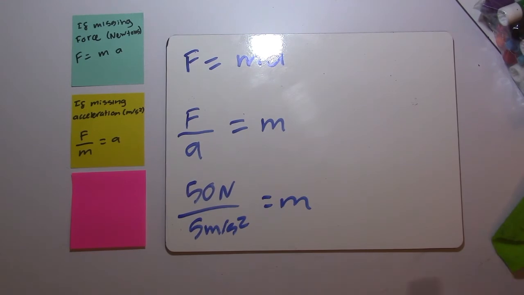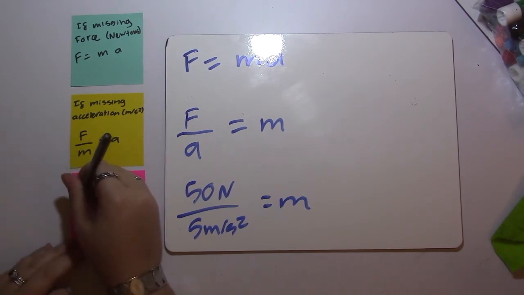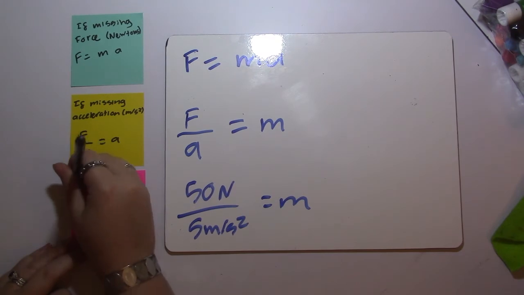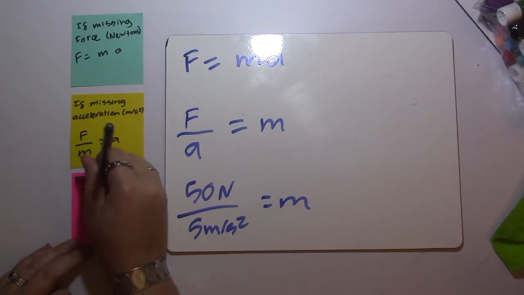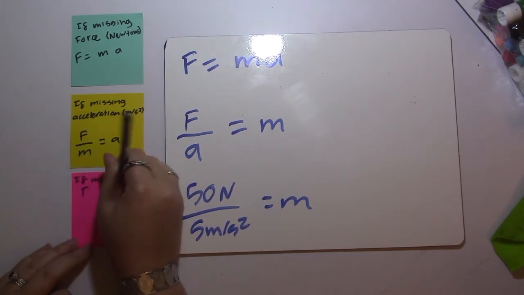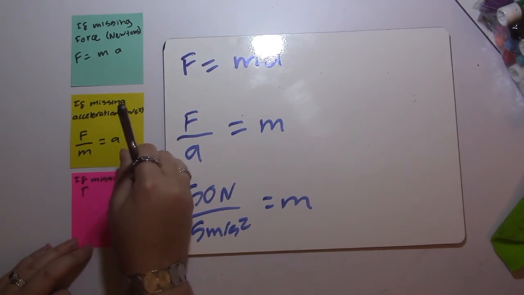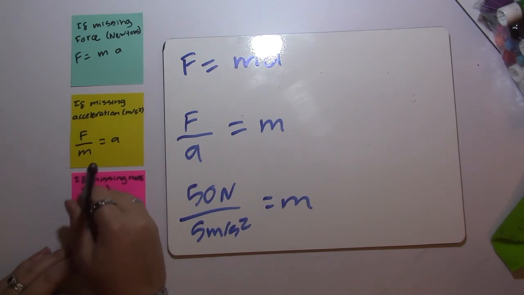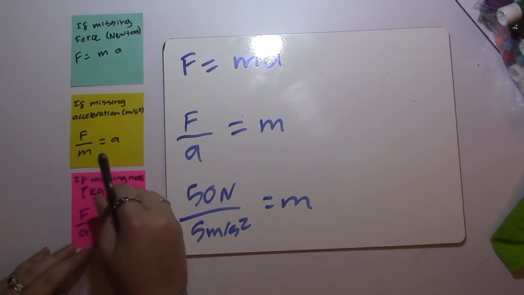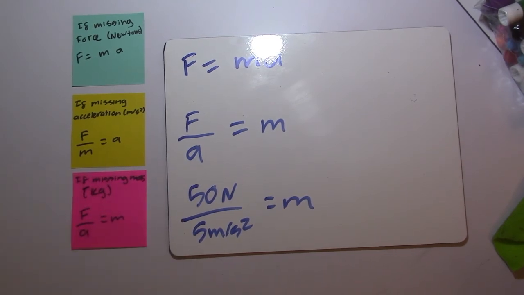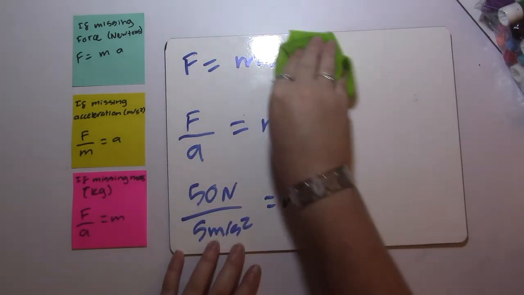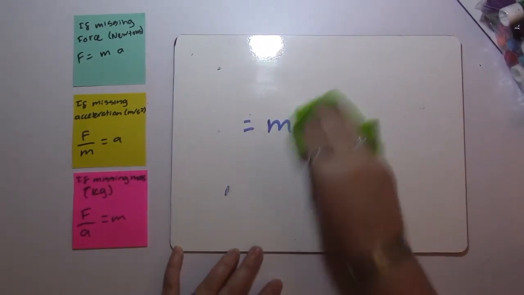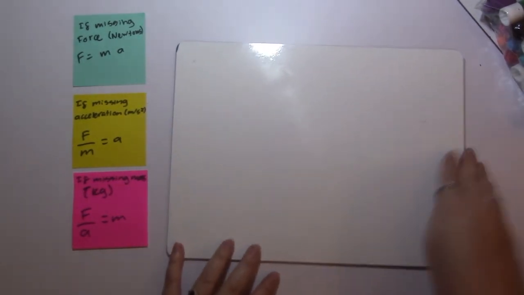So in our answer key, that would look like if missing mass, which is in kilograms, F over A equals m. Now we have 3 versions of the same equation for each situation we could have in a story problem.